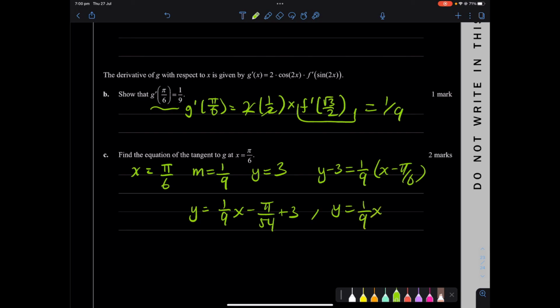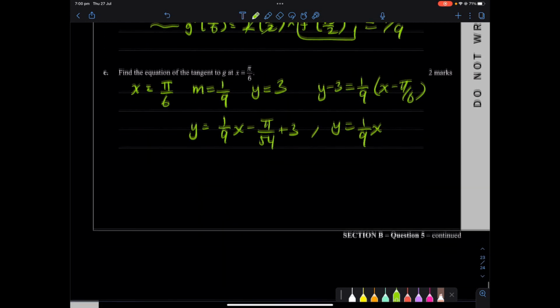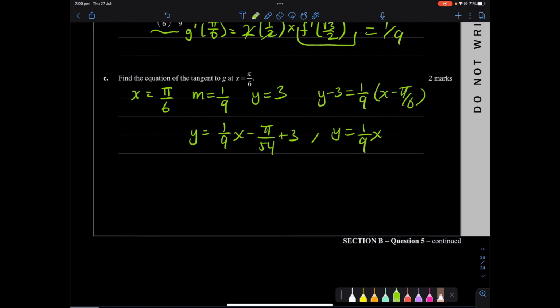Let me just do this on the calculator. Pi over 54 plus 3. What's 54 times 3? 162. So we're saying y equals x on 9 plus 162 minus pi over 54. Is that right?